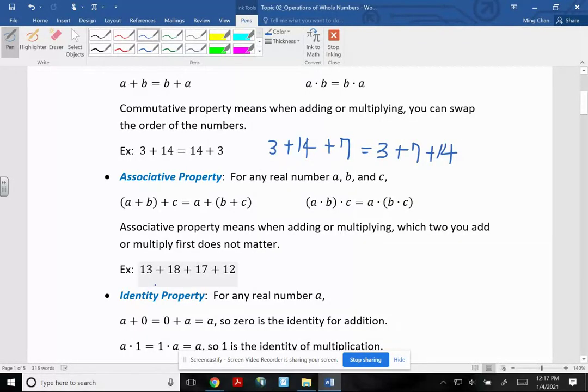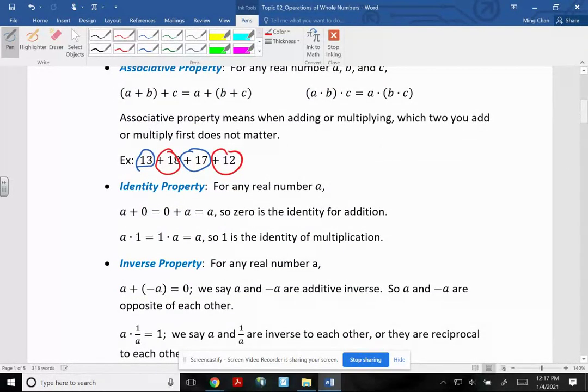For my example here, you can say, all right, I'm going to do 13 plus 18 first, then plus 17, then plus 12. Or we can add 13 with the 17 first, then 18 with the 12 next. The order does not matter, okay? As long as you're adding or multiplying, which two you add or multiply, the order does not matter, okay?